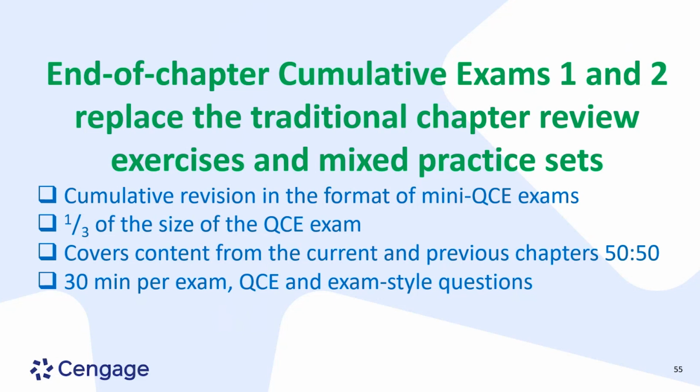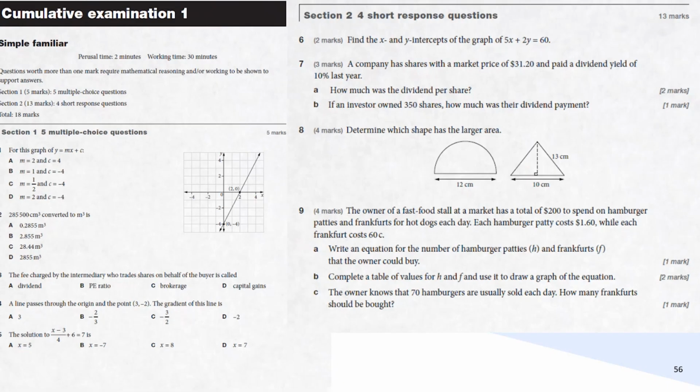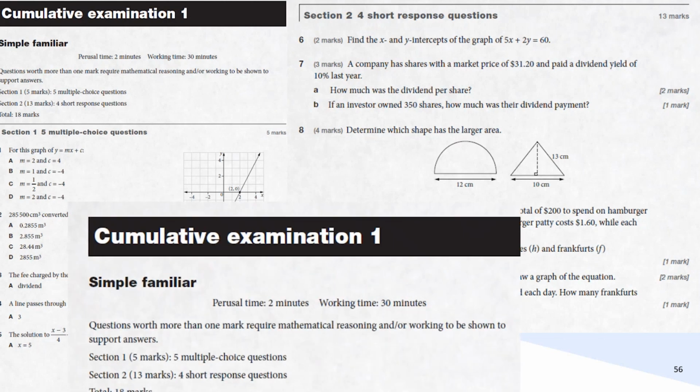So, for example, in the chapter 6 cumulative exams, you will see 50% are from chapter 6 or from the style of questions that would come out of that content, but the other questions come from anywhere from chapter 1 through 5. They are written in the same form and structure that paper 1 is written, and that's cumulative exam 1. So here, a third of the total marks is 18 marks.